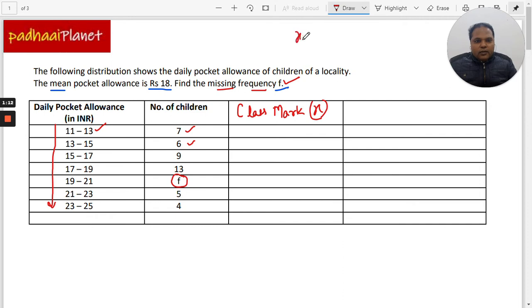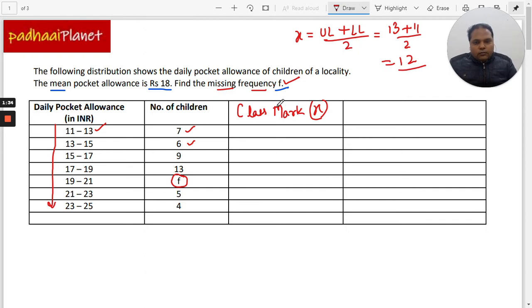We understand that x is equal to upper limit plus lower limit divided by 2. So in the first case, x is going to be 13 plus 11 over 2, and that will be 12.